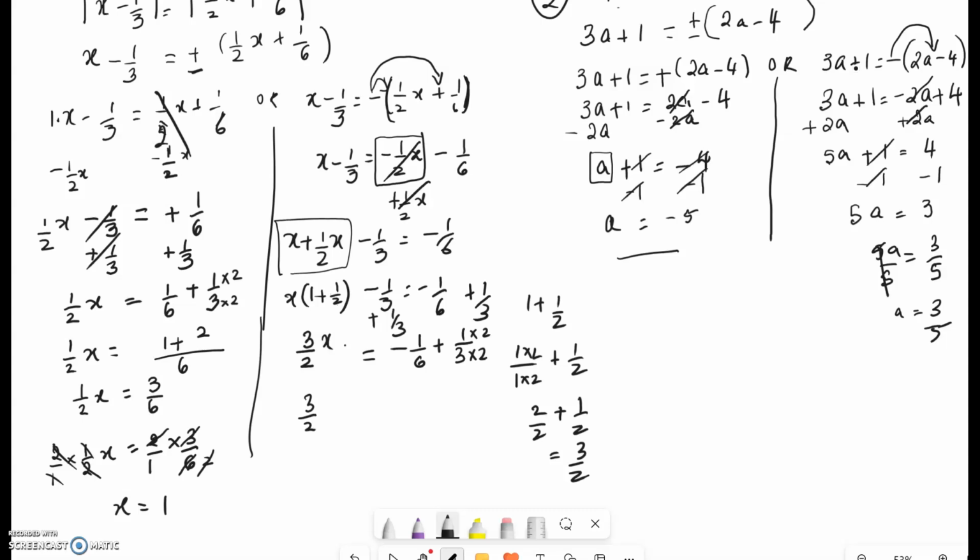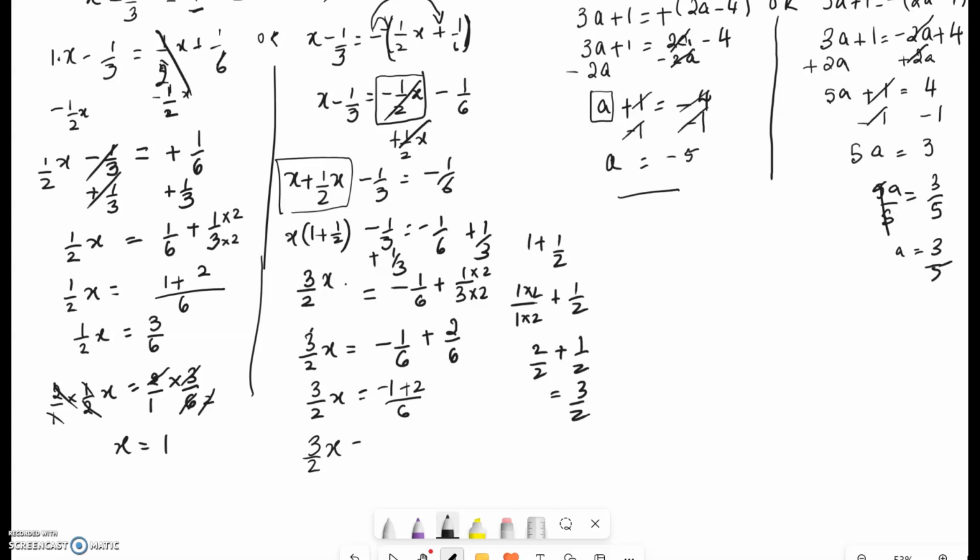So 3/2 x is equal to negative 1/6 plus 2/6. So 3/2 x is equal to negative 1 plus 2 over 6.